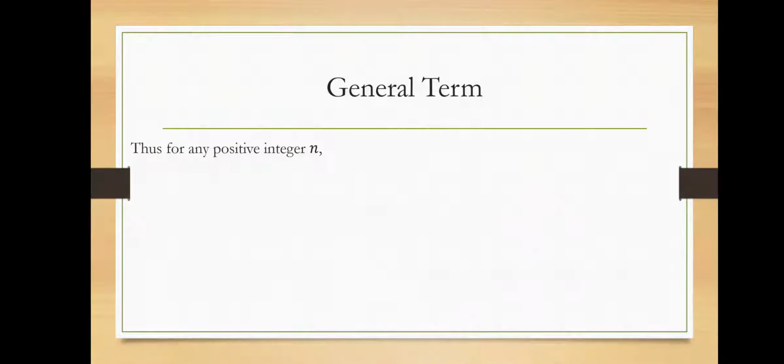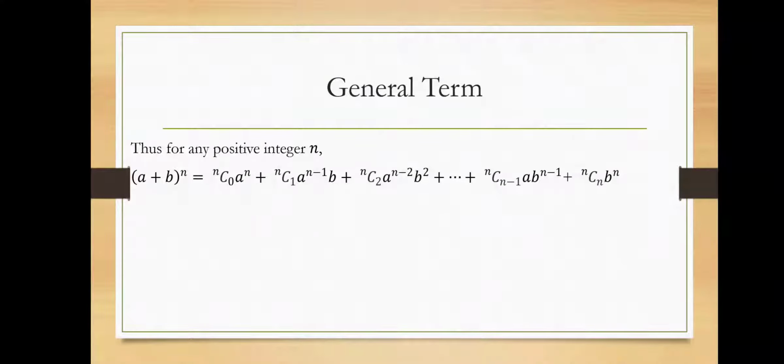So let us start off with the idea. Let us take a plus b whole to the power n, which is the most common binomial expansion that we have. And we have already done this in our previous class, that this is how the expansion looks like. Now, if we just look at this, this is our first term.